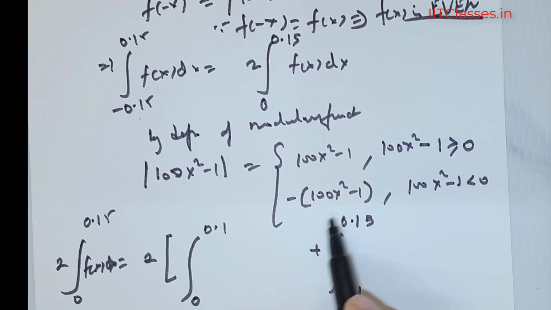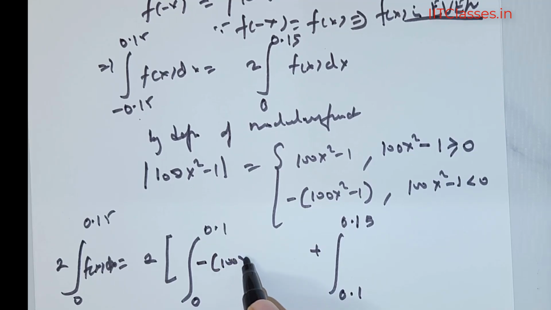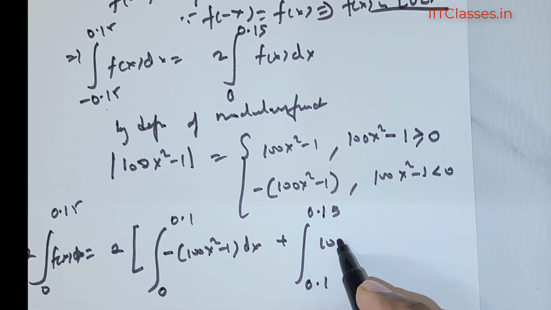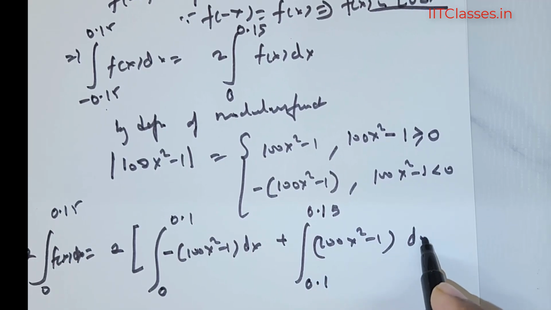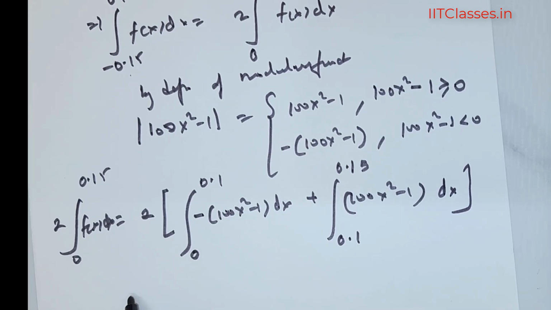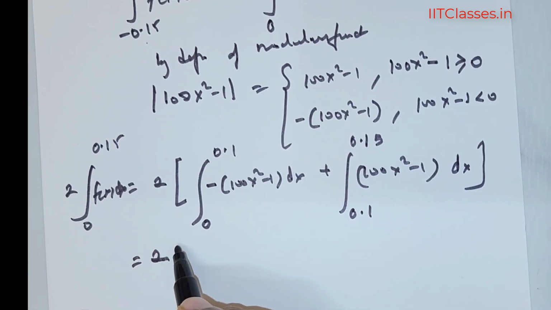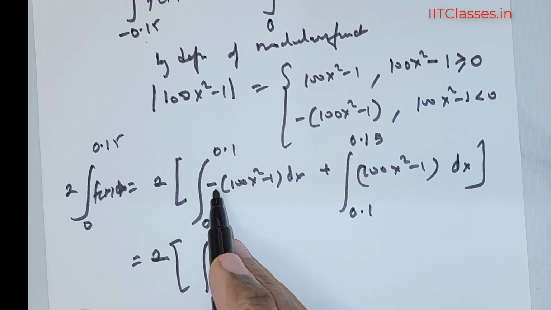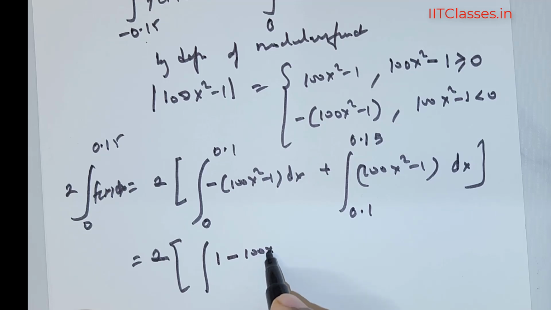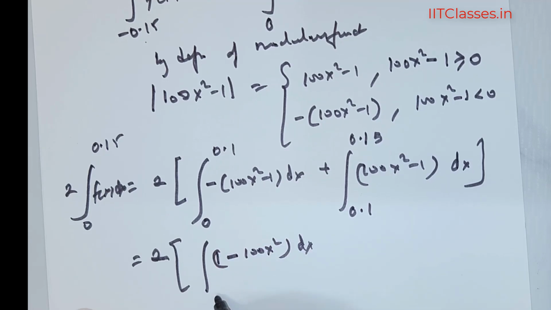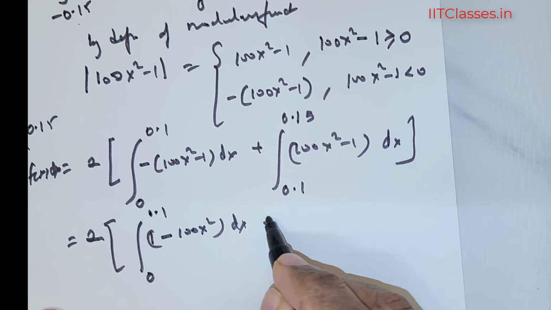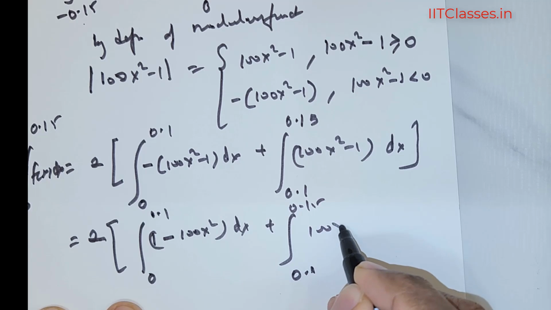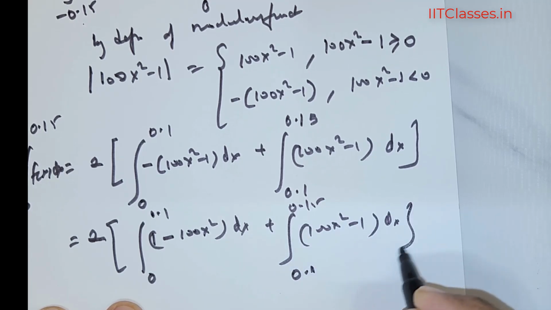For 0 to 0.1, we will have the negative of 100x squared minus 1 times dx. For 0.1 to 0.15, it's going to be 100x squared minus 1 times dx. So this can be further rewritten as 2 times the integral from 0 to 0.1 of 1 minus 100x squared dx, plus the integral from 0.1 to 0.15 of 100x squared minus 1 dx.